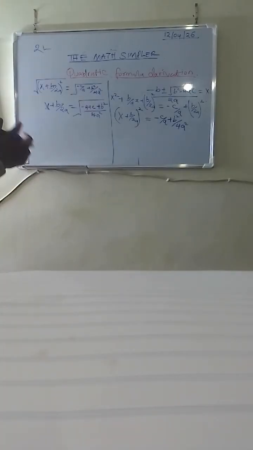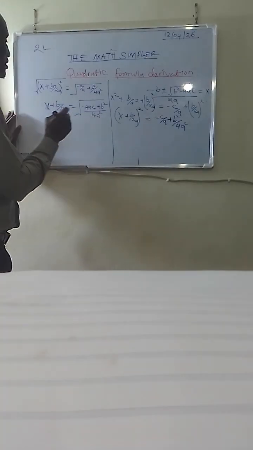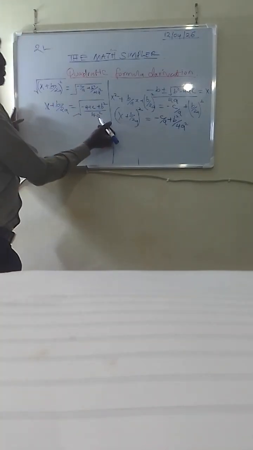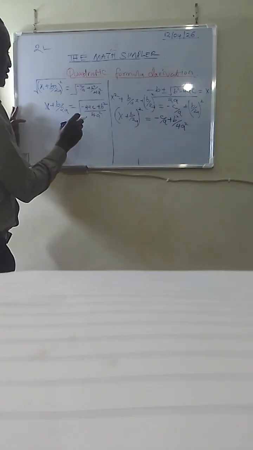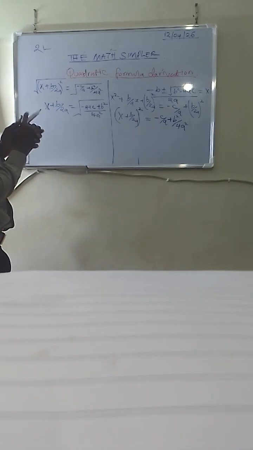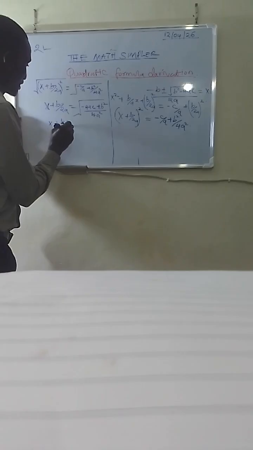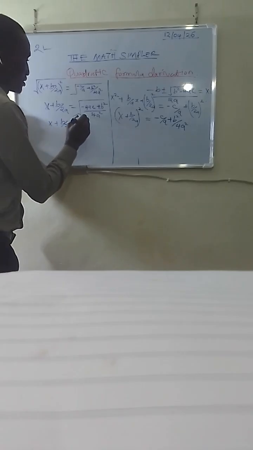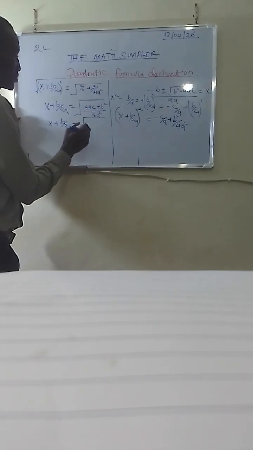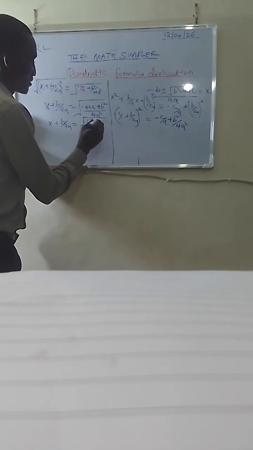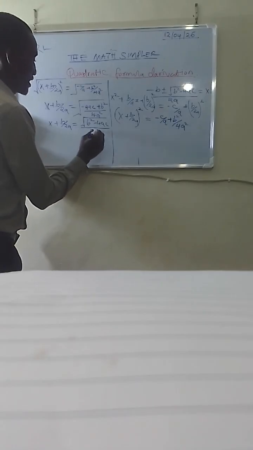So the next thing will be to find the square root, because we can easily find this square root to help us do the factorization. So this one will be x plus b over 2a equals the square root of, let's interchange this one to make it easy, b squared minus 4ac all over 2a.